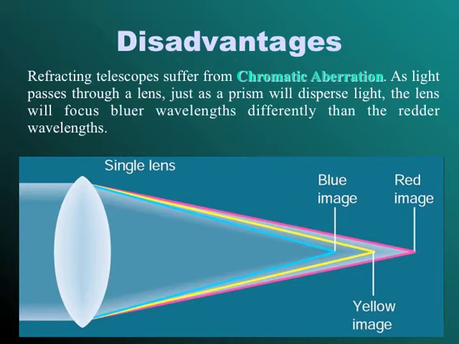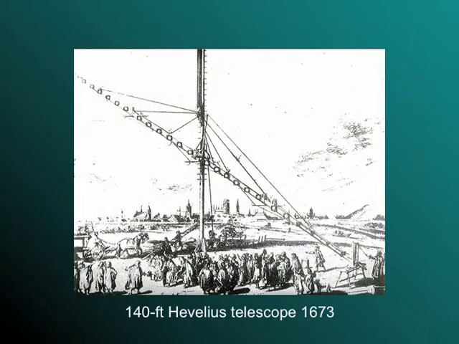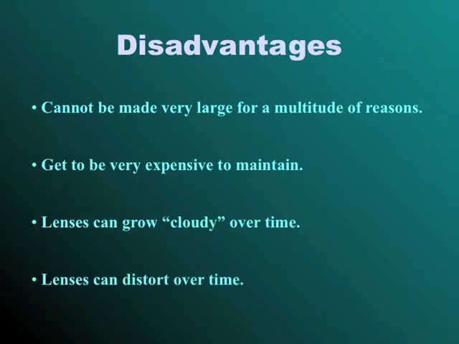Here's another cartoon indicating the different places where different colors of light come to a focus in a refracting telescope. Other disadvantages we discussed last time had to do with the size, which could not be made very large, and they are also very expensive to make a large lens.